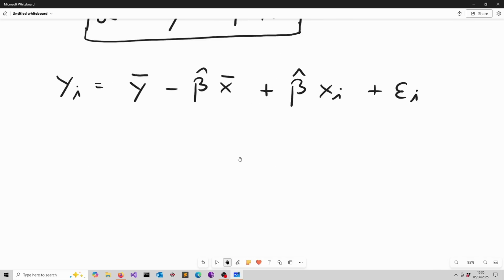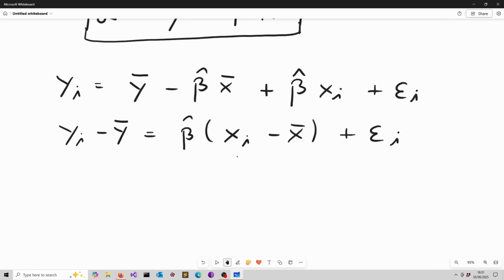Now we rearrange a little bit and we obtain yi minus y upper bar. This refers to my dependent variable where I deduct the mean. So this is a standardized dependent variable which by construction has a mean equal to 0. And then I obtain beta hat times xi minus x upper bar, plus epsilon i.